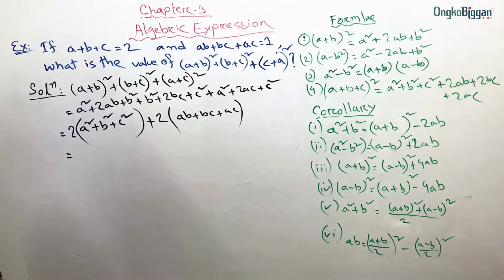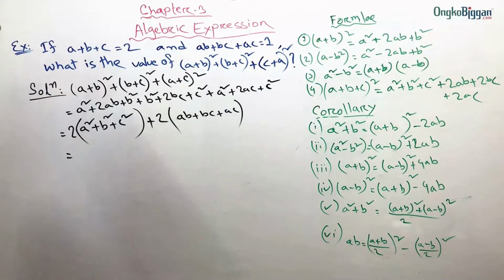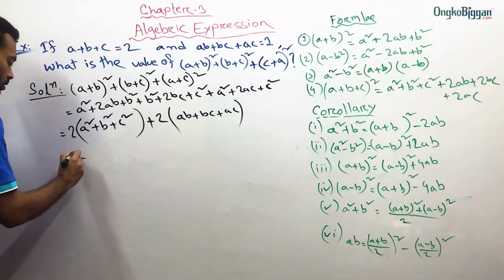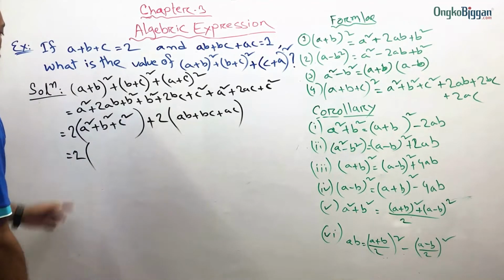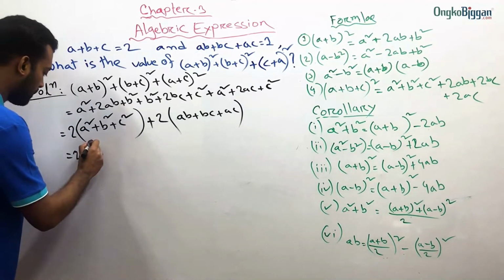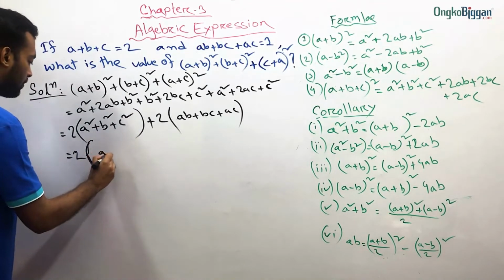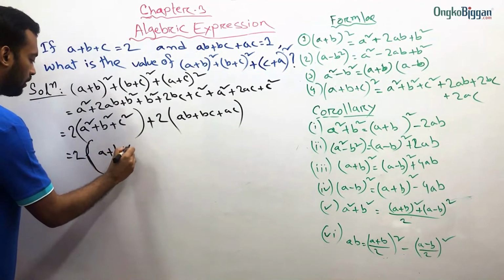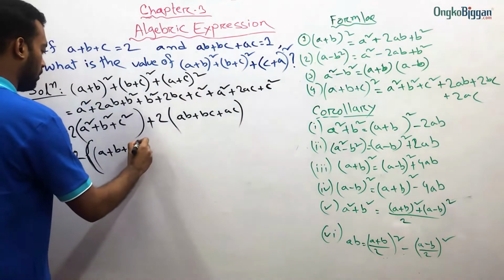We can use the formula for (a plus b plus c) whole square to figure out this one.